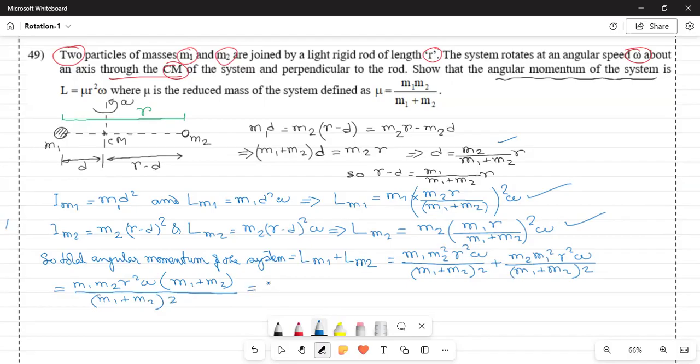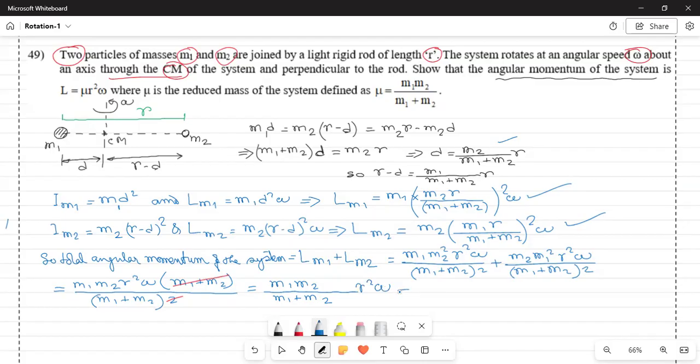This, of course, is equal to M1 M2 divided by M1 plus M2, because one factor will get cancelled with the square. So M1 M2 divided by M1 plus M2, into r square omega.